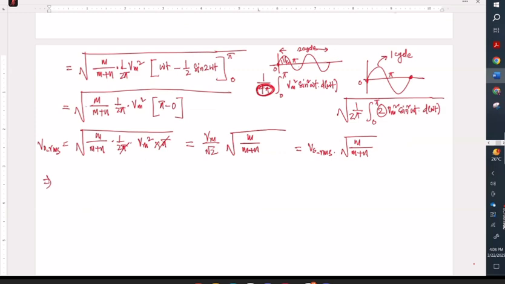So what should be the ratio then? V naught RMS, output RMS over input RMS. That should be the ratio of m divided by m plus n.